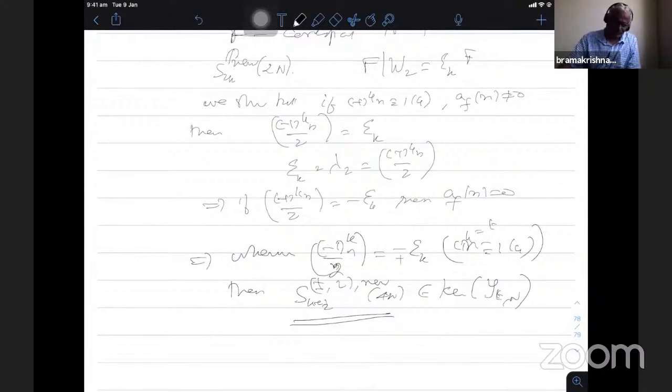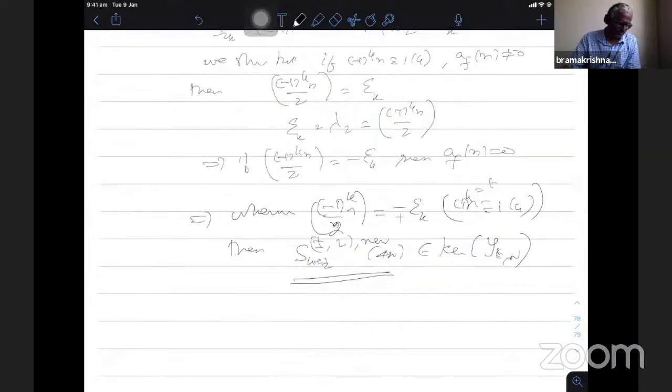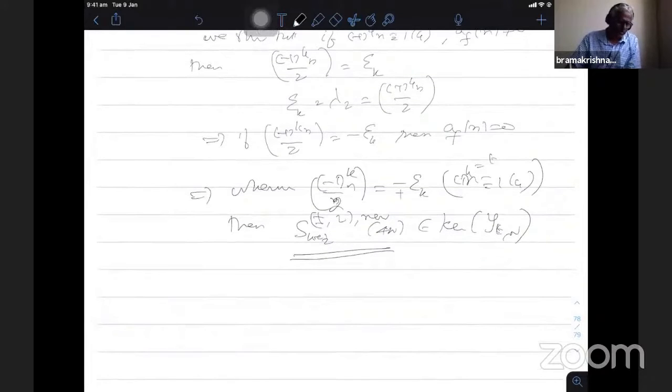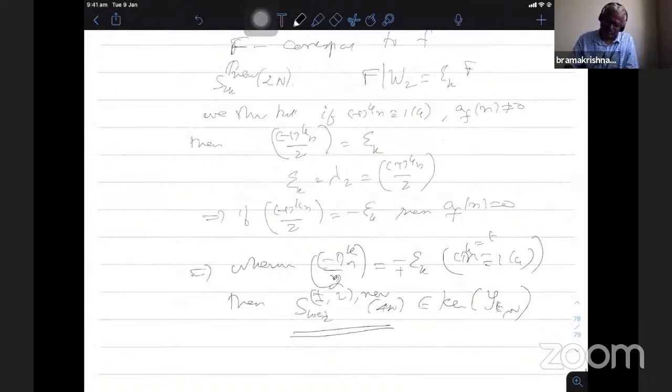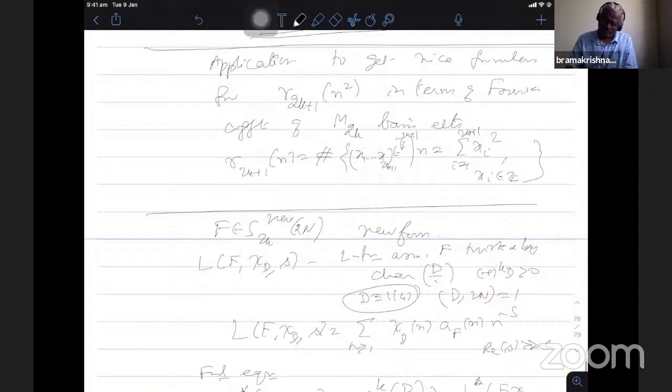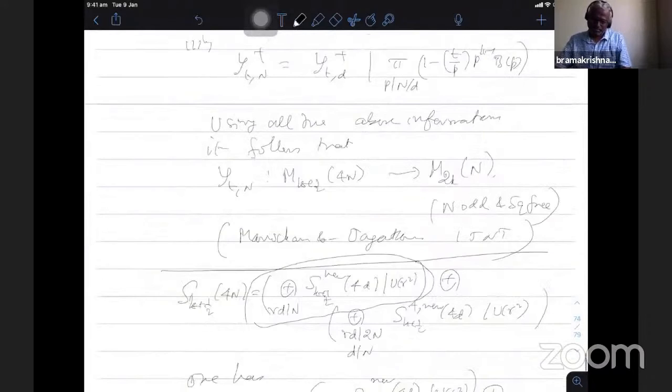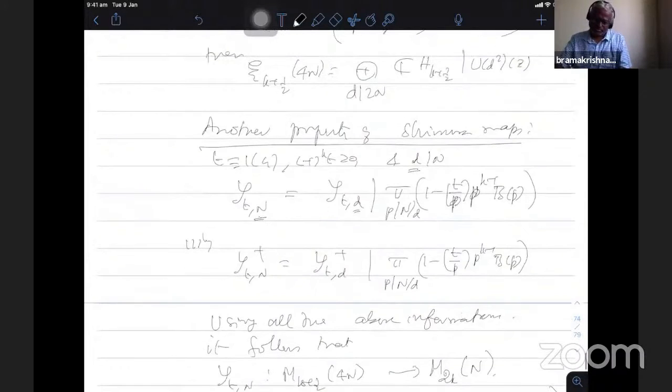Okay. We also get this for the full new space, and using the property of the Shimura map, I can extend this for new forms in the lower level also. That's what I have to show. So this property I mentioned. Where did I write? Yeah, this property I mentioned.